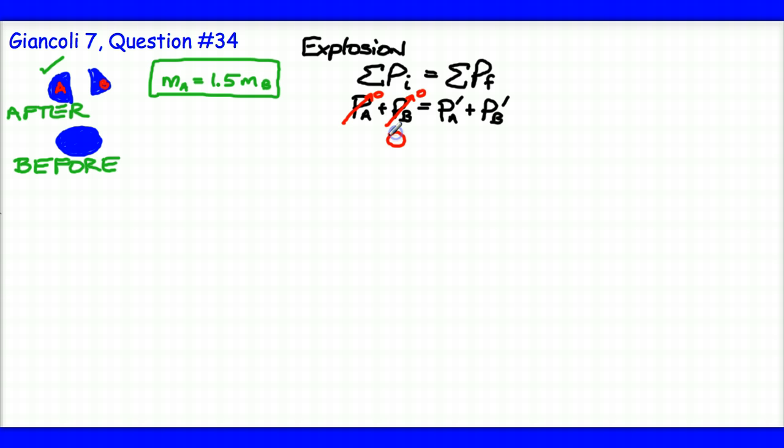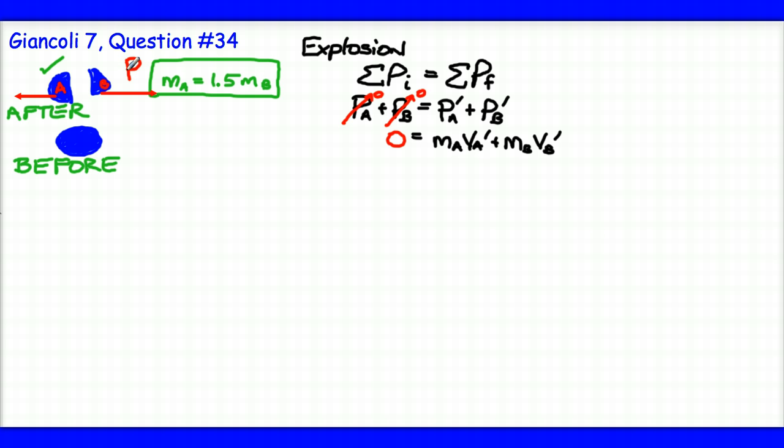So on the left-hand side of this equal sign, I have 0, and that is equal to MA VA prime plus MB VB prime. Recognizing that the speed of the fragment to the right and of the fragment to the left will differ a little, their momentum, which is a vector, has to be the same in magnitude.